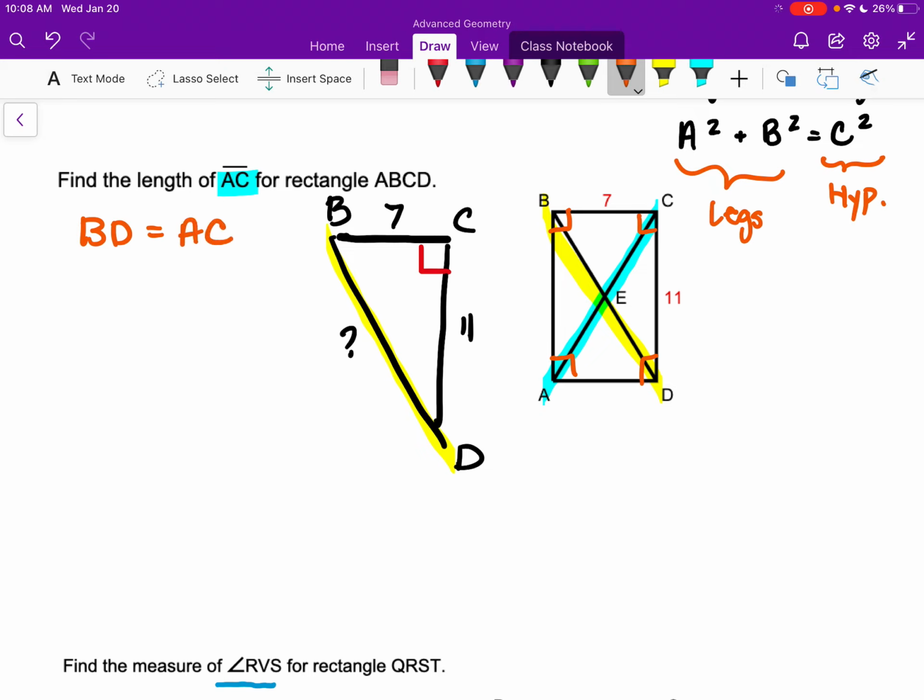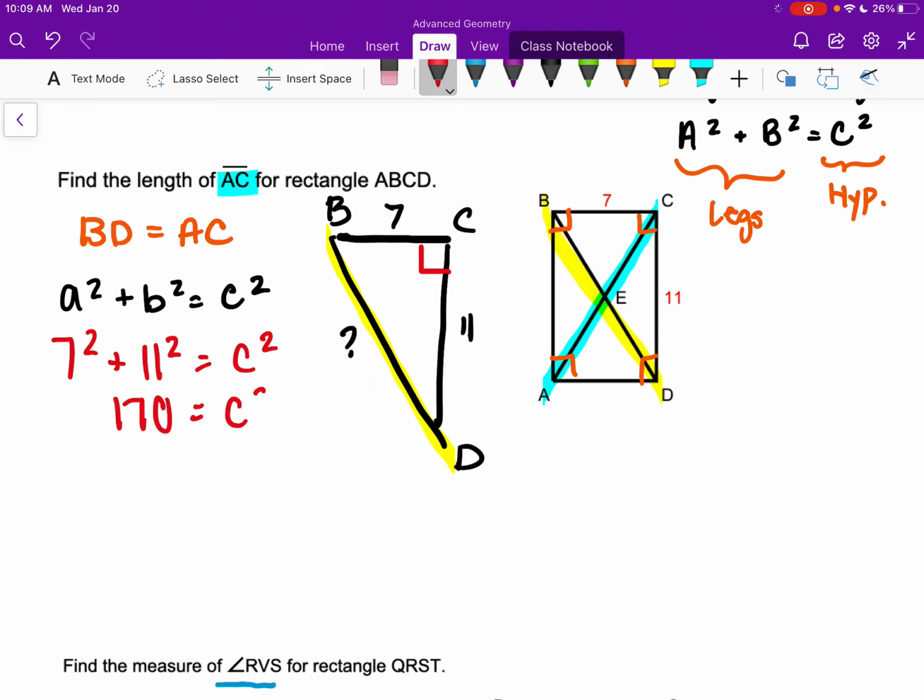So let's set up our Pythagorean theorem, a squared plus b squared equals c squared, where the legs are 7 and 11. So that's 7 squared plus 11 squared equals c squared. 7 squared is 49, 11 squared is 121, we add those together and we end up with 170 equals c squared.